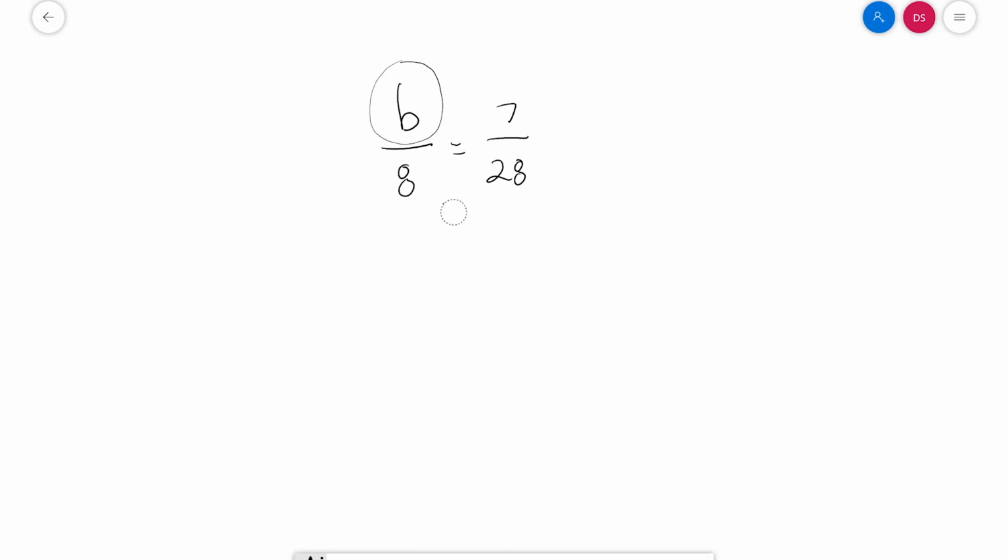Okay, and that means that I'm going to do the inverse operation of division, which is multiplication of an 8 to both sides. Okay, that leaves B alone, and the other side becomes 56 over 28, which I just need to simplify. And some of you might realize that 28 will go into 56 twice. That is just a division problem. All right, that's how you can solve for proportions in 8.4.